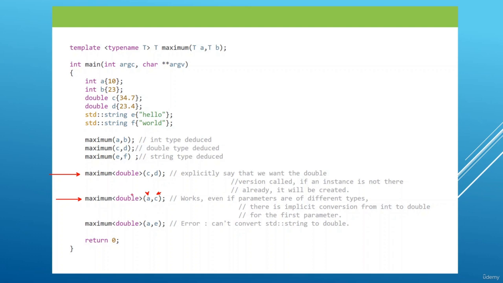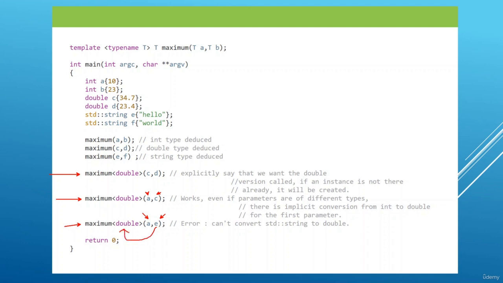Now the compiler will have the possibility to do implicit conversions from other types to double. And if this implicit conversion fails, then we're going to get a compiler error. So if you look here, for example, this is the example for that. We are passing in A and E, and A is int and E is an std string. We cannot do an implicit conversion from std string to double.